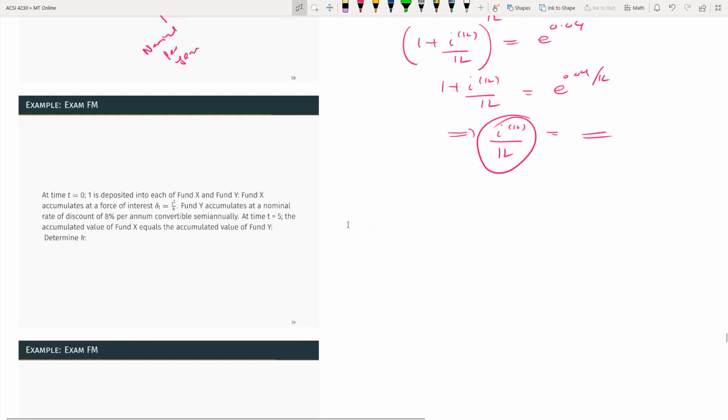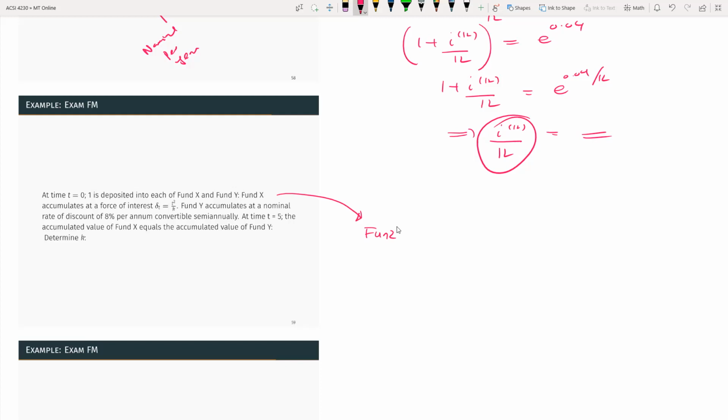So here we can see a question from exam FM. At time 0, 1 is deposited into each of fund X and fund Y. Fund X accumulates at force of interest delta(t) equals t squared over k. Fund Y accumulates at a nominal rate of discount. At time t equal to 5, the accumulated value of fund X equals the accumulated value of fund Y. Determine k. So let's try to do this problem.